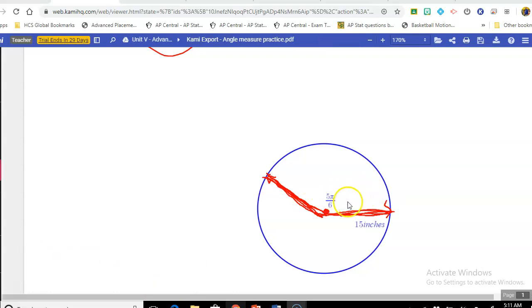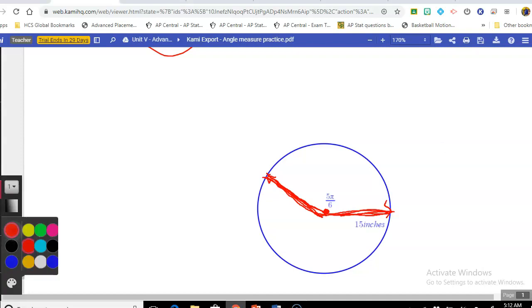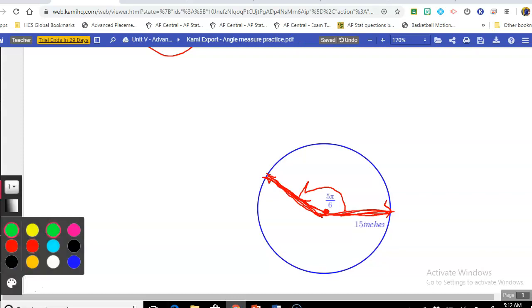You can see I typed in 5 pi over 6 as our angle measurement, and it's rotating around this way. And what we want to know is the arc length, which is going to be the distance that we are traveling along this path if we're rotating around a circle that is 15 inches in radius. So this would be our arc length.